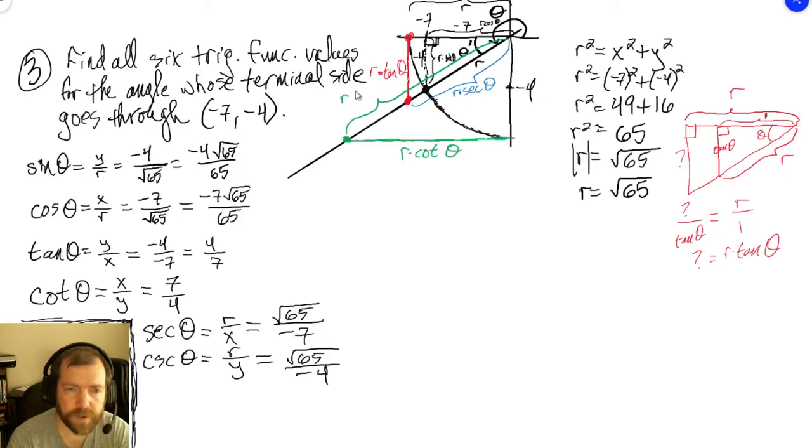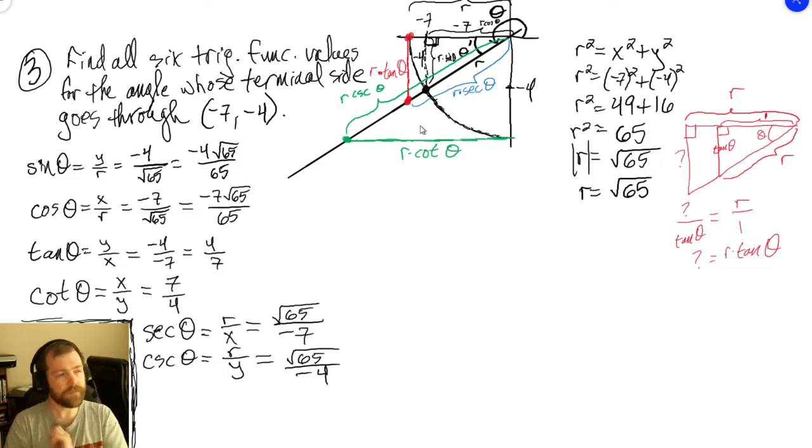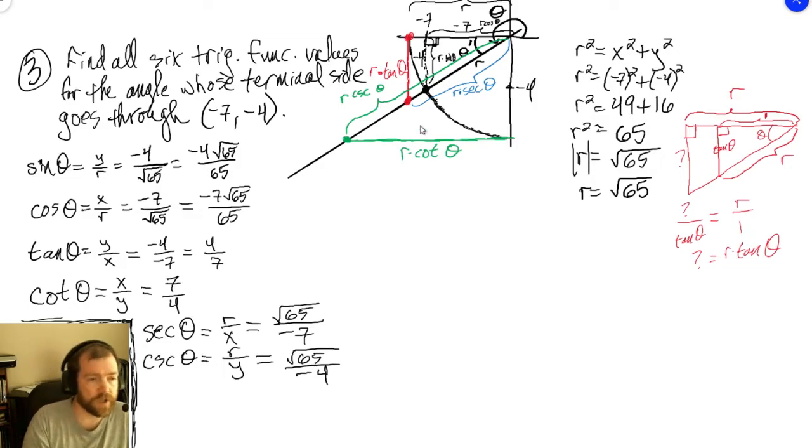And r times the cosecant of theta. If you know your diagram, you could also come out with these values as well. All you would need is, again, your x, y, and r values, and then you could do similar triangles with all of this.